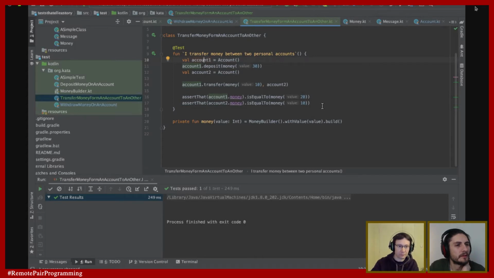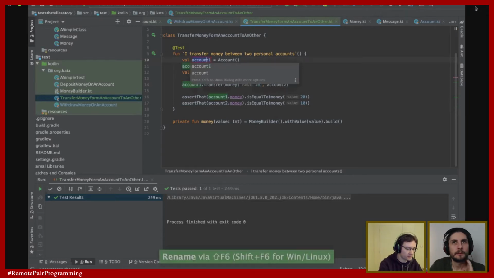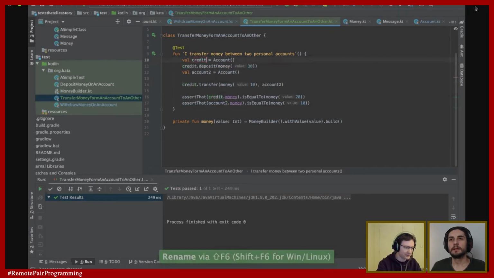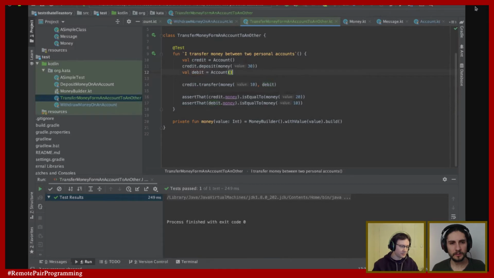I think one's the credit and the other one is a debit. Yes, that's it. So debit would be the first one, I think. No, it's the opposite. Credit is the one from which you take money, and debit is the one on which you put money.